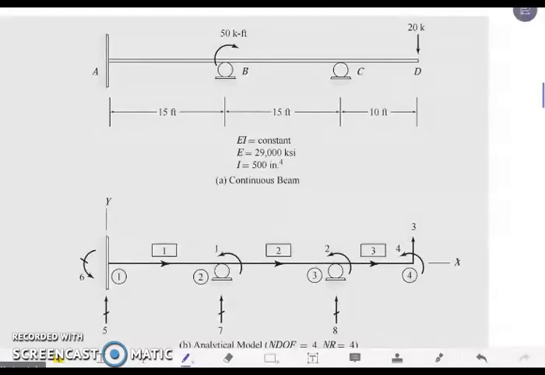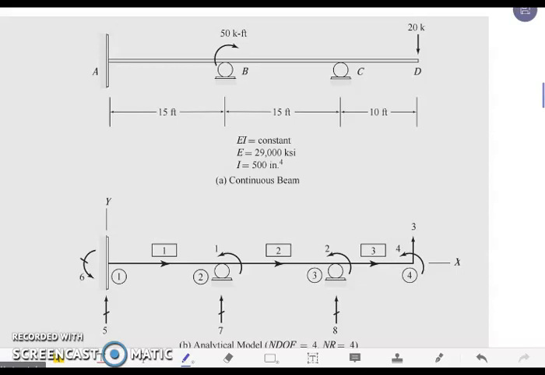As we identify our degrees of freedom, we simply have a roller. So we have here rotation, and at the free joint, we have translation and rotation. So if we're going to identify, you have 4 degrees of freedom, and you have identified 3 restraint coordinates.